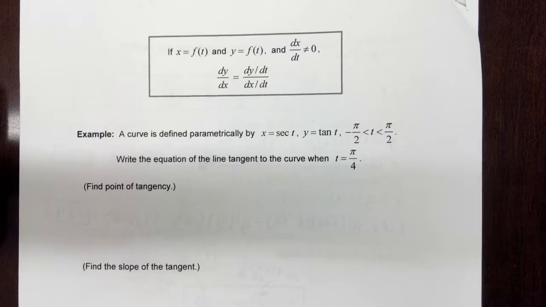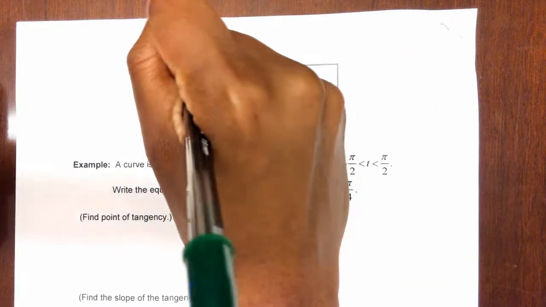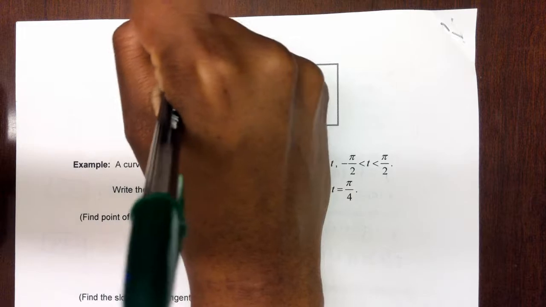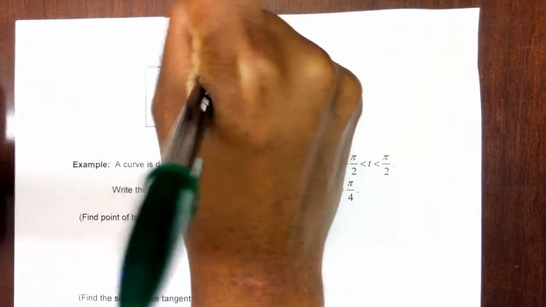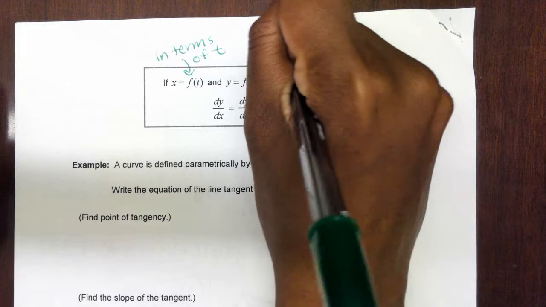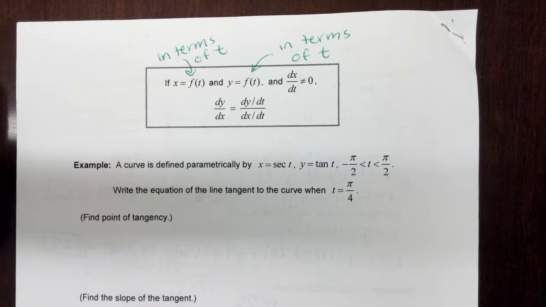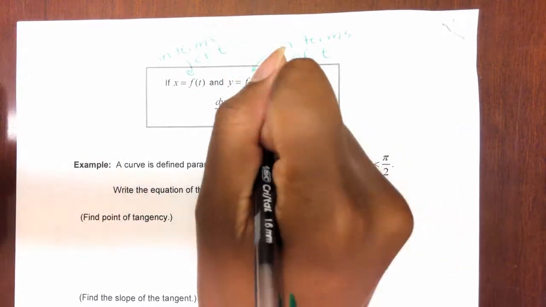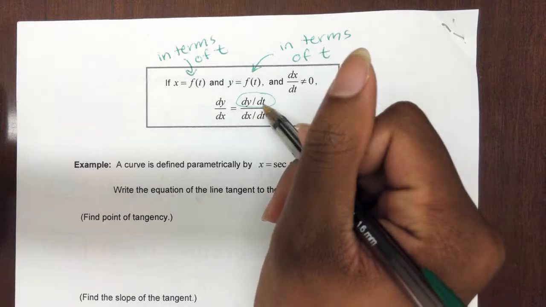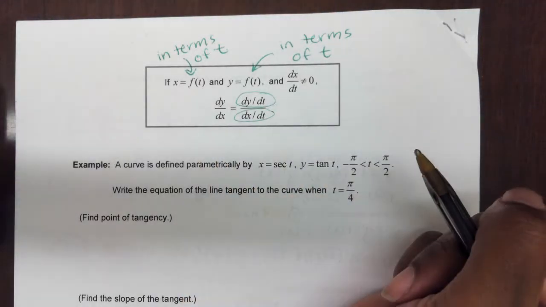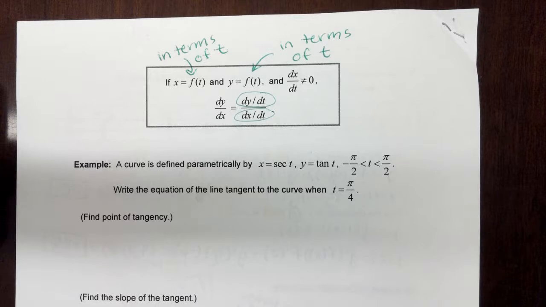So if both functions are already in terms of t, then to find dy/dx, dy is the derivative of y, dx is the derivative of x. So we're going to use that to find the equation of the tangent for a curve that is defined parametrically.